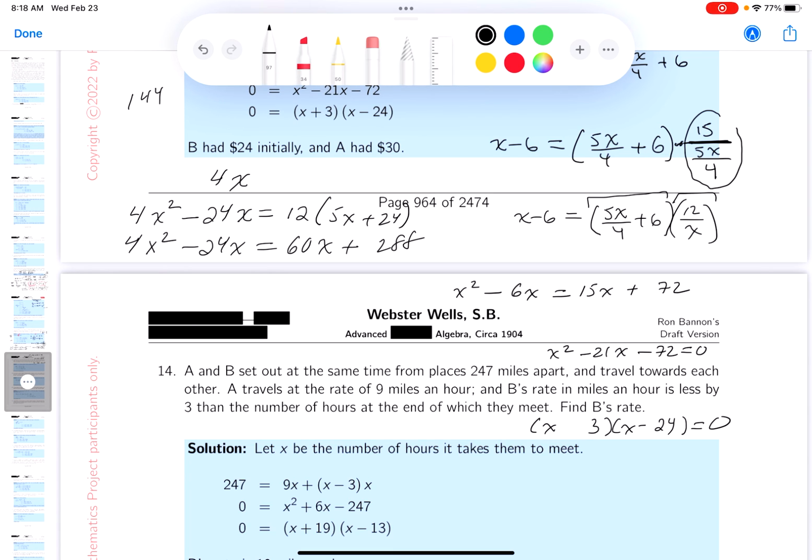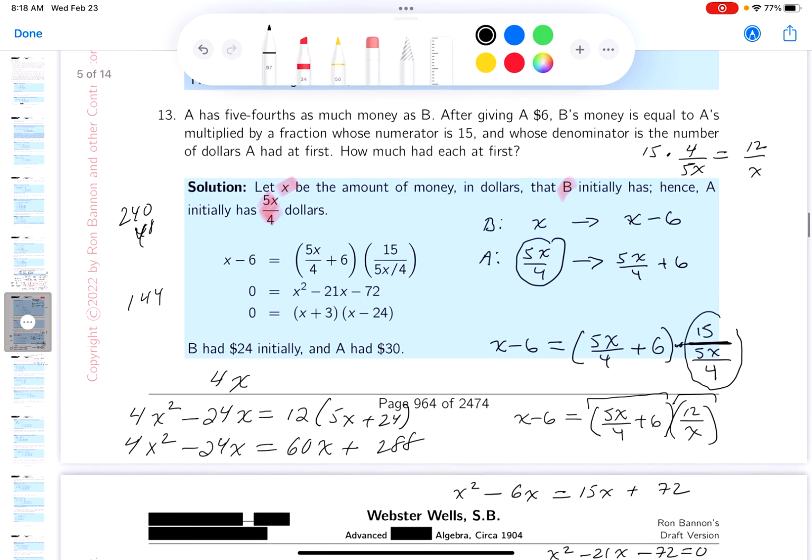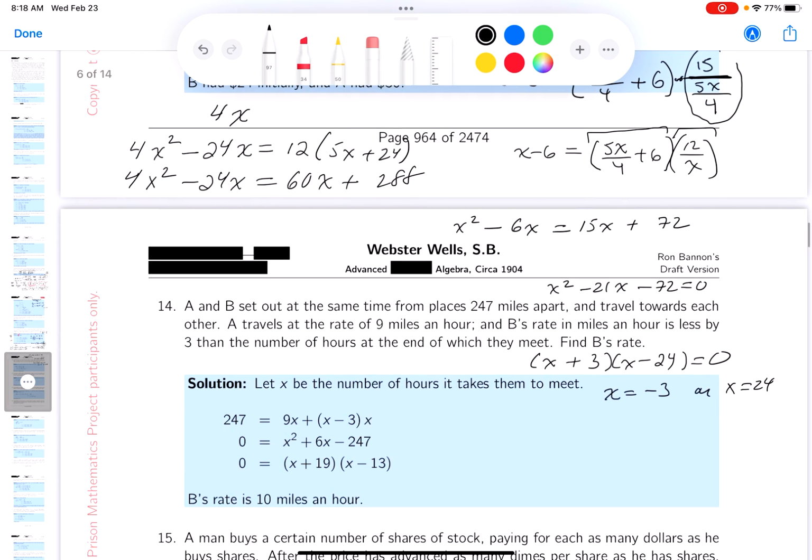So you get minus 24 and plus 3. So I get two answers. I get x equals minus 3 or x equals 24. And I want to remind you, if you can't remember what you've read, go back and read it. And this has to do with money. So this one makes no sense at all, right? At least conceptually for most people, it makes no sense at all, to be in debt.